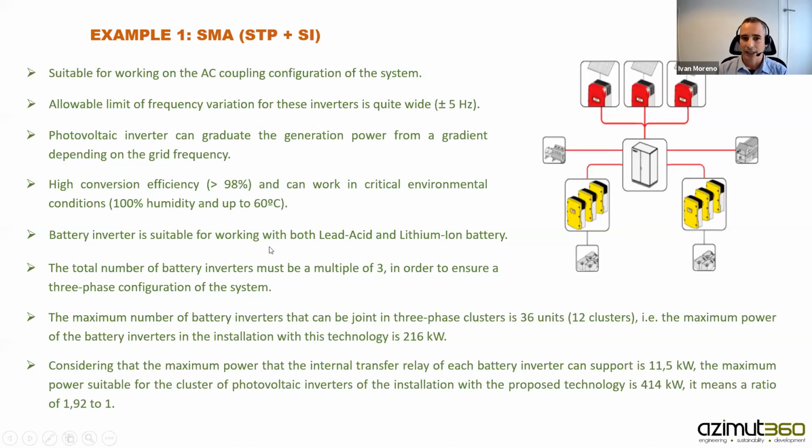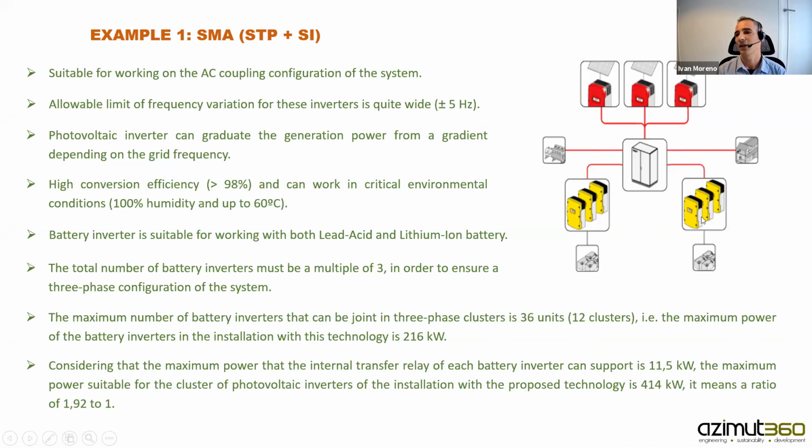The total number of battery inverters must be a multiple of 3. We want three-phase clusters. So in the grouping in clusters of 3, there is a main device and 2 slaves, and they manage only 1 battery.